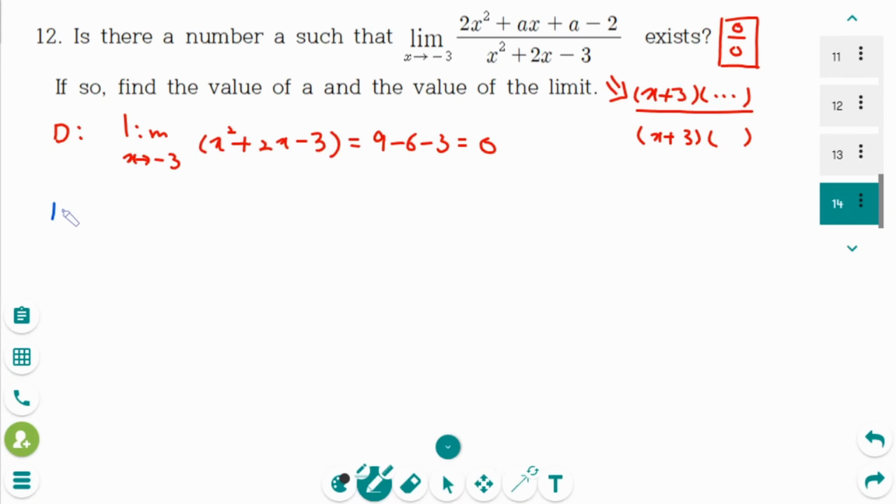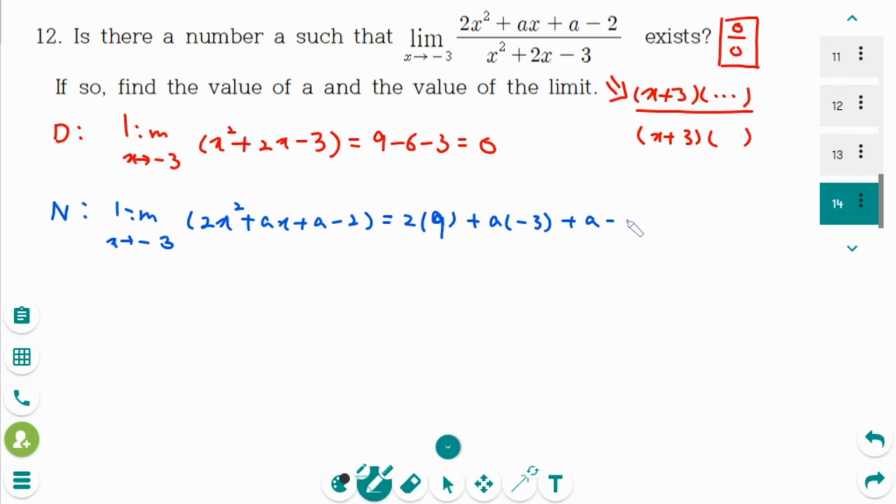So now the numerator part. So put minus 3 into the numerator part: 2 times minus 3 squared, which is 9, and a times minus 3 plus a minus 2 equals 0.